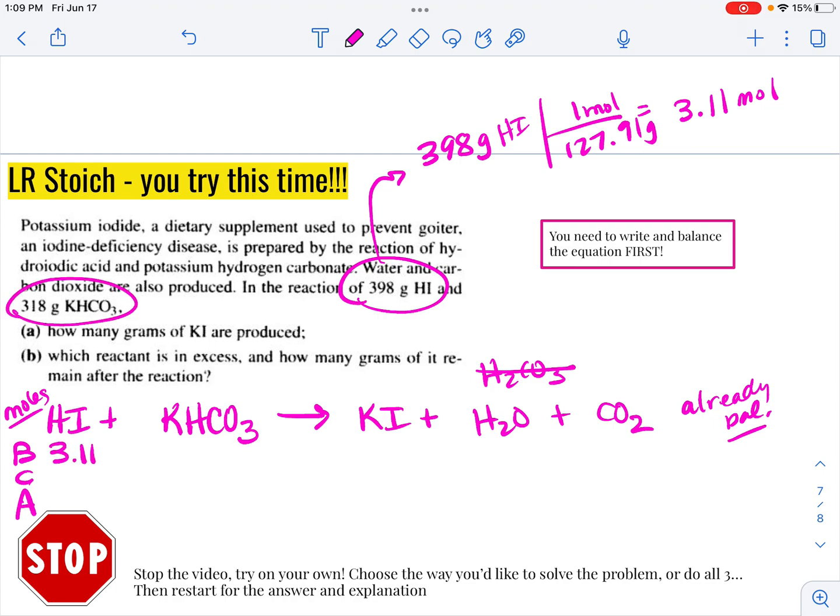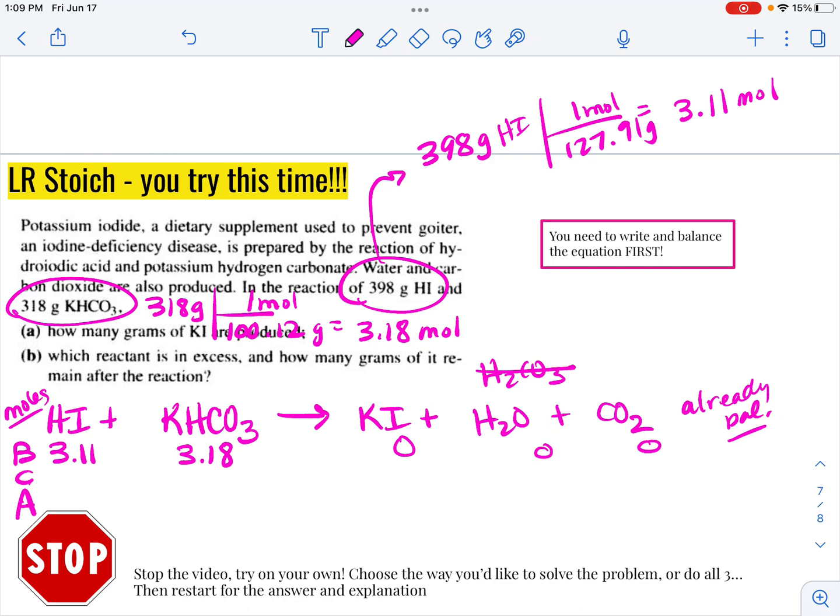I'm going to put that in my start. I also have 318 grams of KHCO3. The molar mass is 100.12 in 1 mole, which gives me 3.18 moles of KHCO3. So because these are 1-to-1, this becomes really easy.